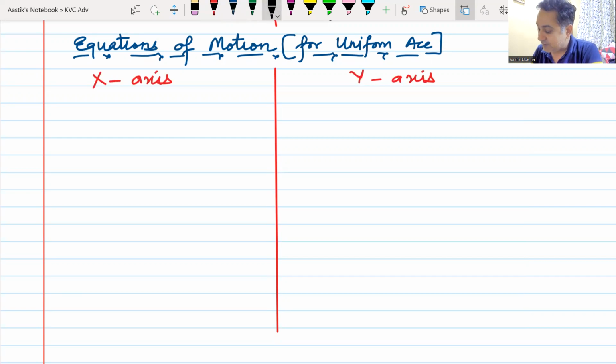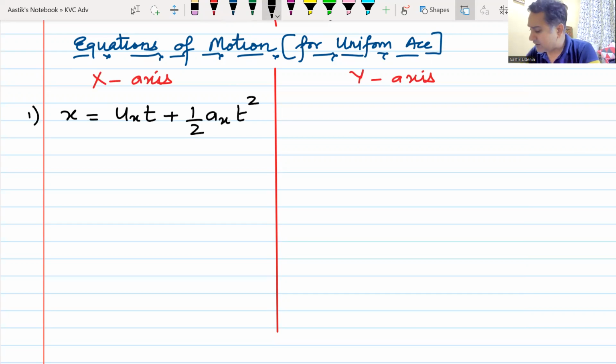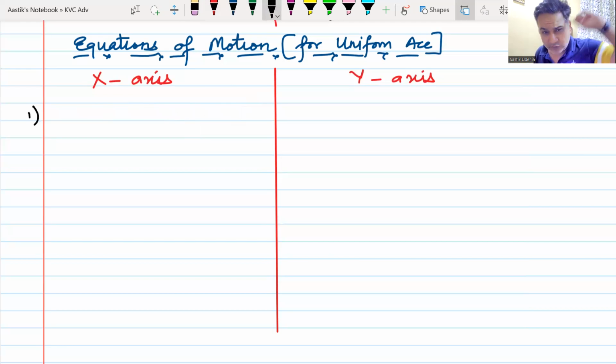For example, x is equal to ux into t plus half ax into t square. Do we understand this? Or let me not write this equation. Let me write it in the same sequence that we wrote it in the first time.